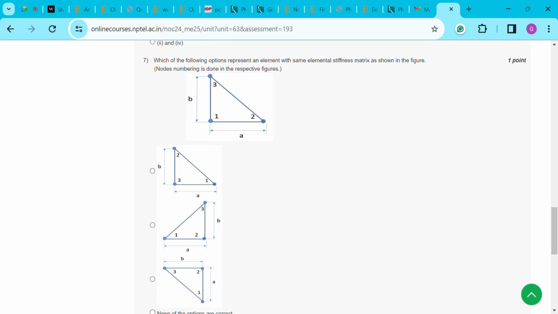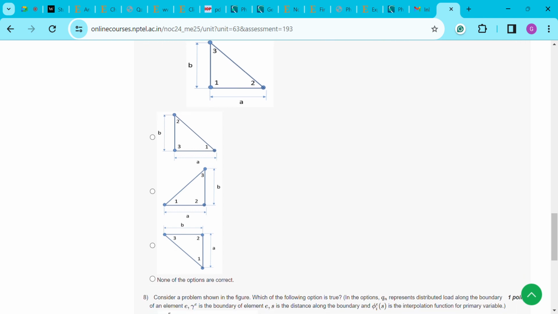Okay, in Jacobian would be same, but still rotation. Did you try to find out how it would look like for the stiffness matrix? This is 1 2 3.